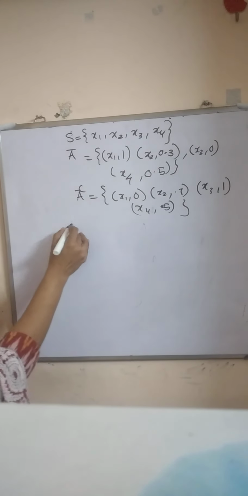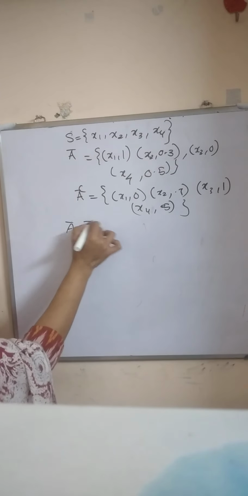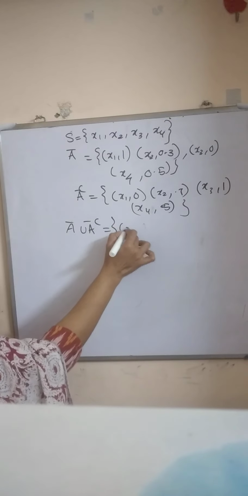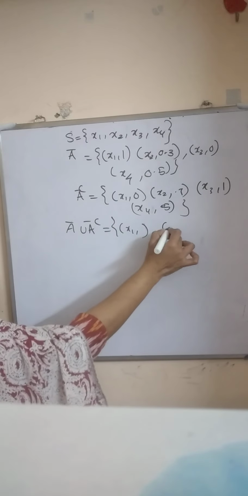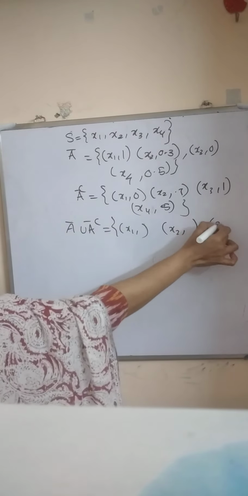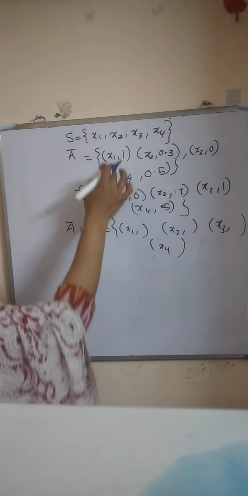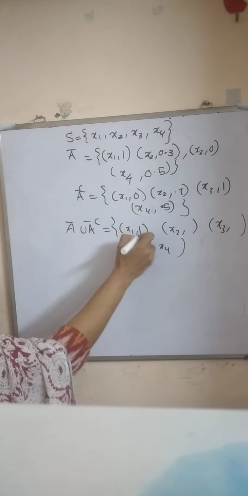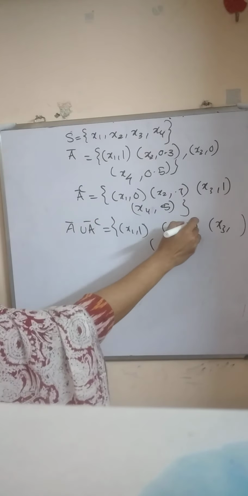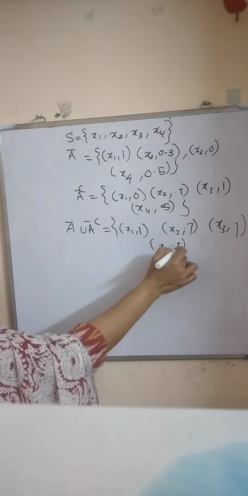Then what is A bar union A bar complement? That is the set of ordered pairs x1, x2, x3, x4 and take the maximum: of 1 and 0, it is 1; 0.3 and 0.7, it is 0.7; 0 and 1 is 1; 0.5 and 0.5 is 0.5.